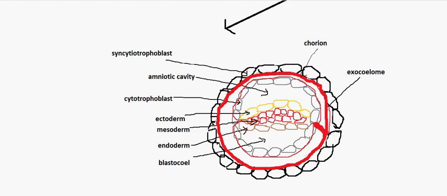The region where it encloses the amniotic cavity over here, I don't think I have enough space, this is the amnion layer, right? This is the amnion, chorion and amnion layer. Amniotic cavity means it is enclosed inside the amnion layer, which is common sense. The names are not hard to remember.